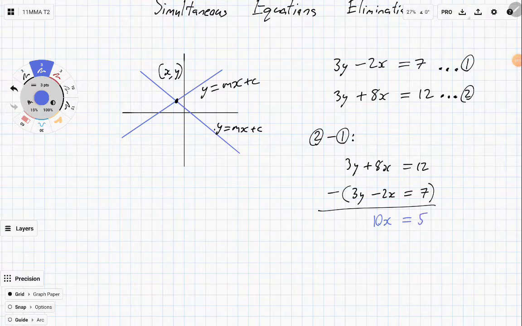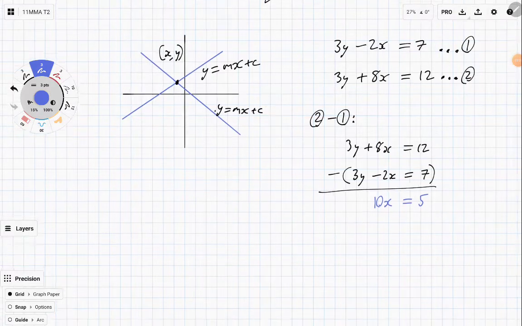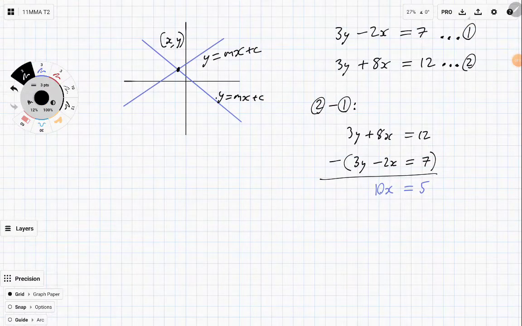Alrighty, so we have nearly solved for x. In fact, we've now eliminated y, which means we can solve for x. x is equal to 5 on 10, or a half. Except, like I said at the beginning, the goal is never to just find x or to just find y. The goal is to find x and y.